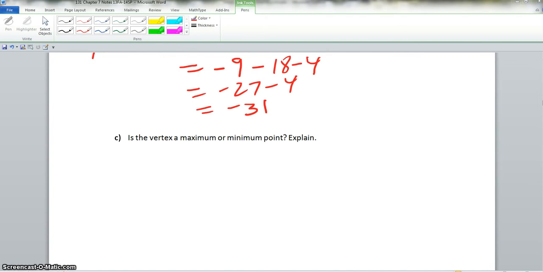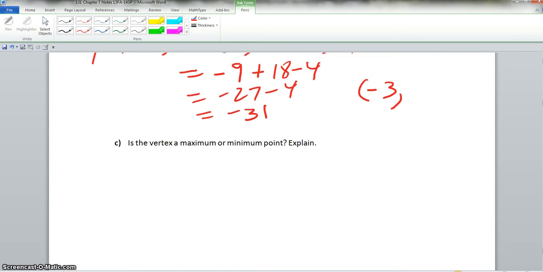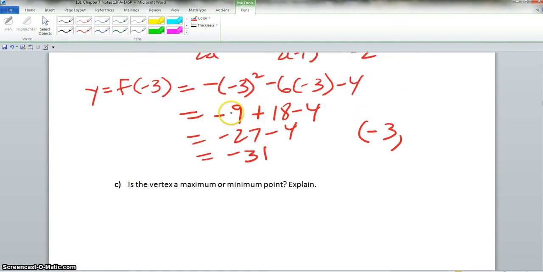Now we scroll down. Well, before we do C, we need to write this as an ordered pair. We know that our x value is negative 3, which is our vertex, and our y value here should be, actually this is supposed to be a positive 18. So this was actually a little bit of an error. I guess it might have disappeared.